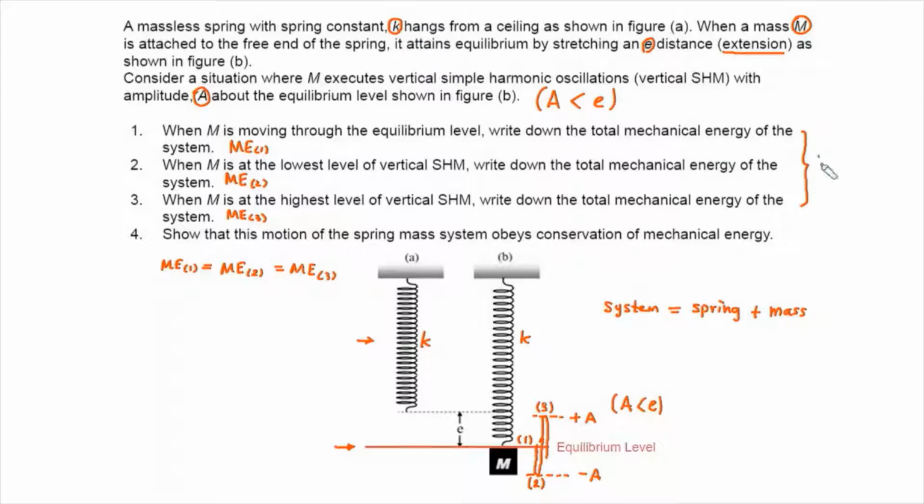So write down the expression in terms of spring constant K, mass M, extension E, amplitude A, and gravitational acceleration due to Earth, which we know as G. So write down those expressions in terms of these constants K, M, E, A, and G. So now let's try to do the first part of this problem.